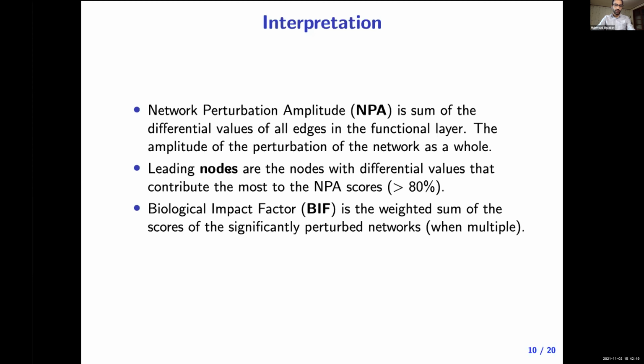And then we can extract the leading nodes that contribute the most to the differential values. And if we have multiple networks in the same calculation, we can calculate something called the impact factor, or the biological impact factor, based on the weighted sum of the scores of the significantly perturbed networks.